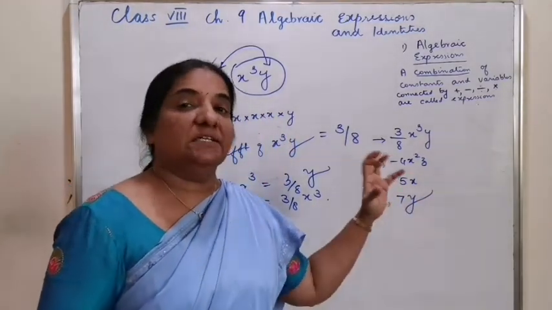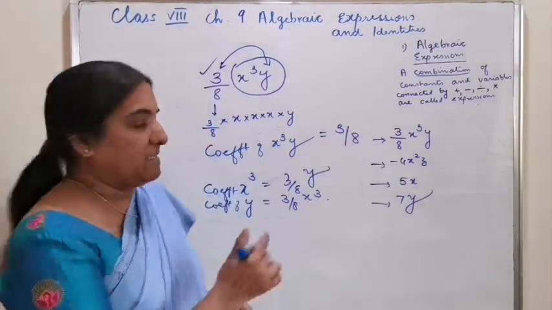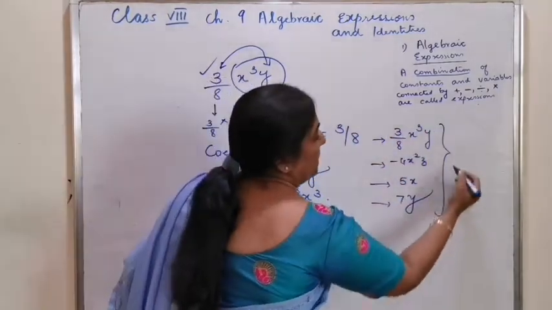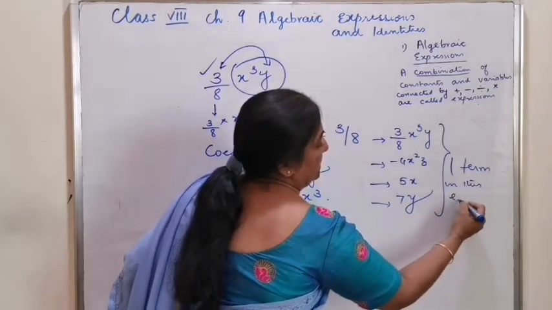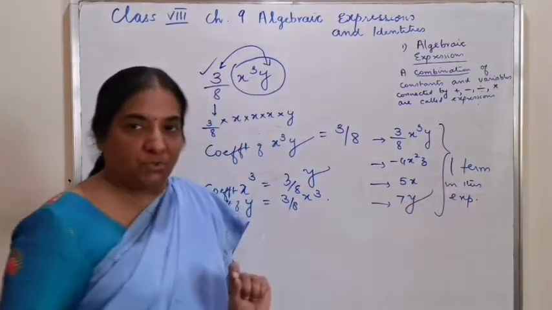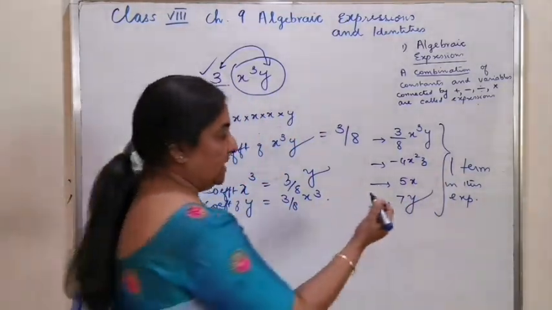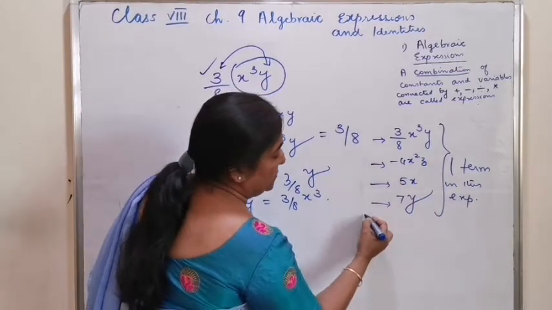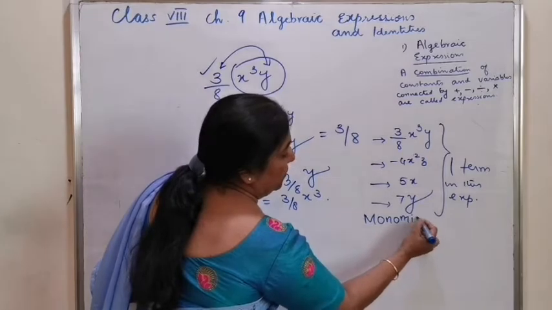How many terms are there in this expression? You can see that there is only one term in this expression. And so, do you know what is the name of this? You must be knowing it. If an expression contains only one term, it is called a monomial.